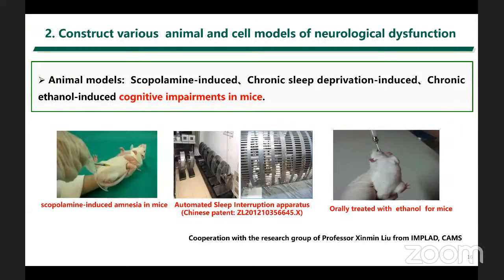Then we established several animal and cell models for neurological dysfunctions, such as the scopolamine-induced cholinergic dysfunction mouse model, the corticosterone-induced cognitive impairment in mice.